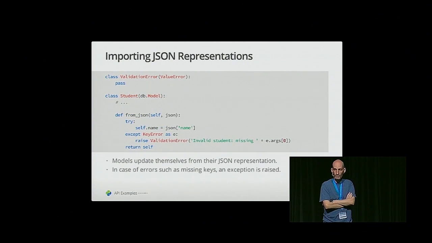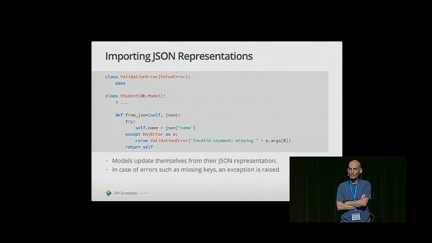So this is the reverse of the toJSON, the fromJSON. I said before that I don't want to handle errors in my high-level code, and here I need to do it. The way I do it is by throwing exceptions when there's an error. I put the code that copies all the properties from the JSON into my model inside a try block.